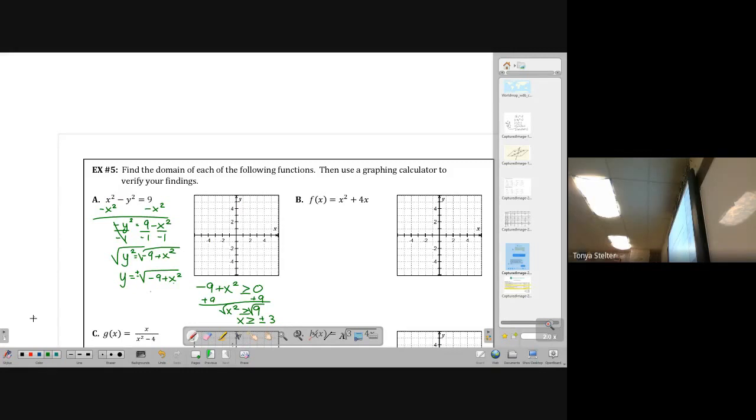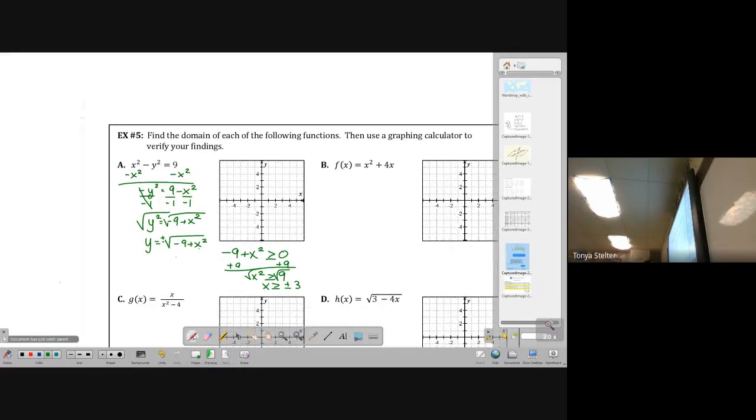Now you can use inequality symbols, but you'll see more of the interval notation. So greater than or equal to positive 3 is going to be a bracket, because we can include 3. And then greater than 3, there's no stopping, so we can just say infinity.